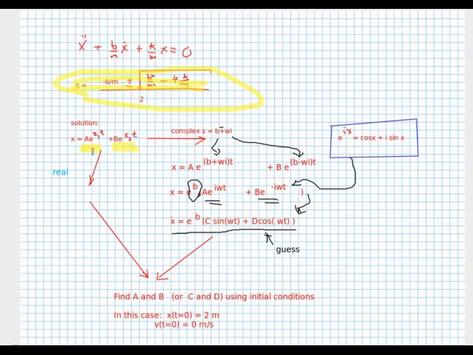Okay, now regardless if the solutions were real or if they were complex, you now have to find the constants, either a and b or c and d. And to find those constants, you'll use your initial conditions. So in our case, the position when time is equal to 2 is 2, let's make it 2 meters, and the velocity when time is 2 is equal to 0.